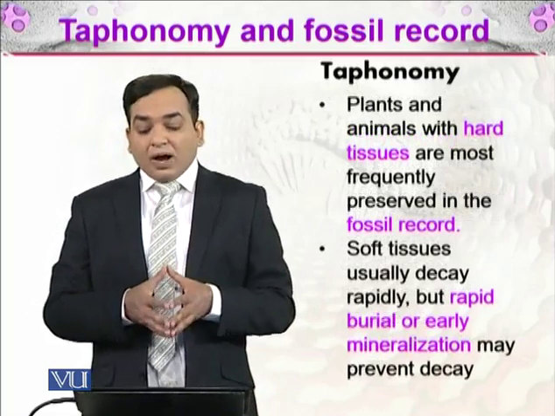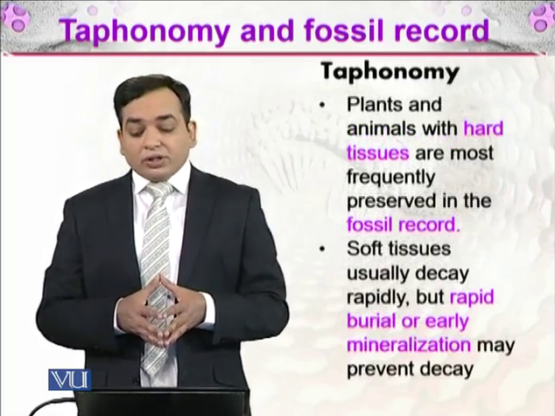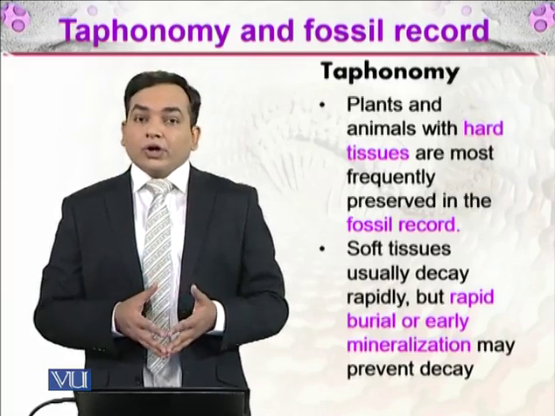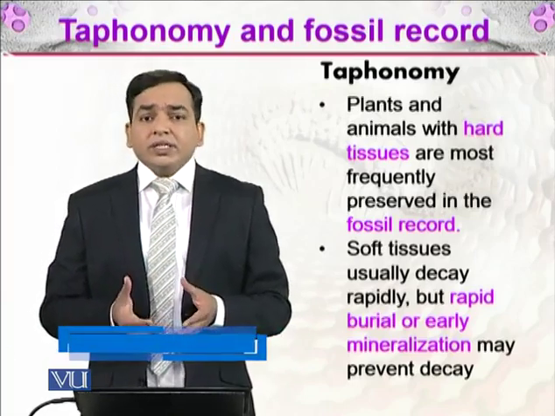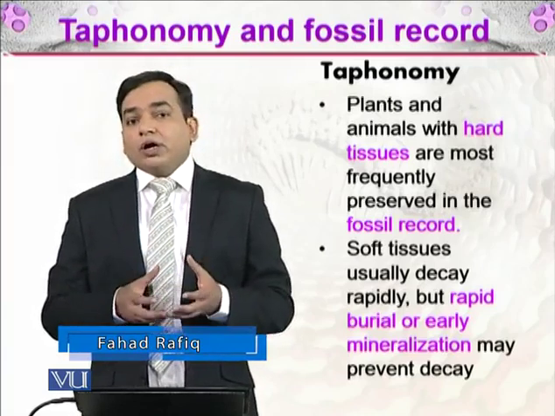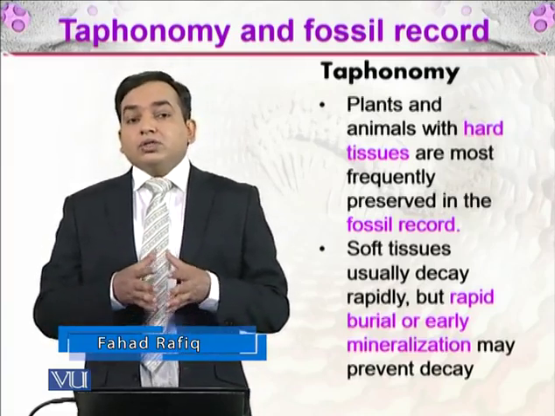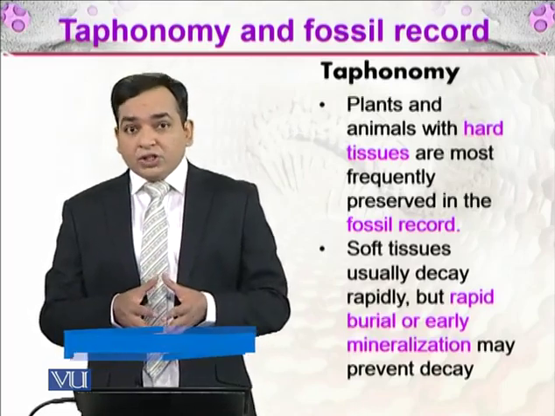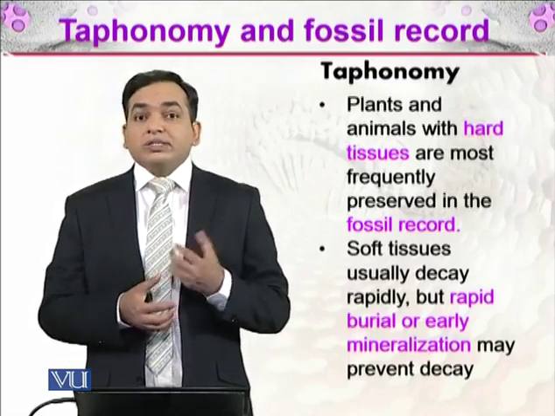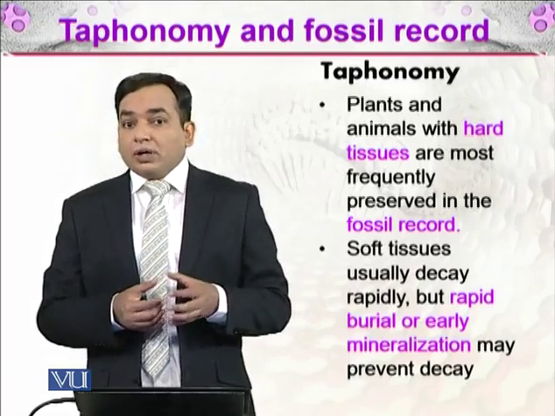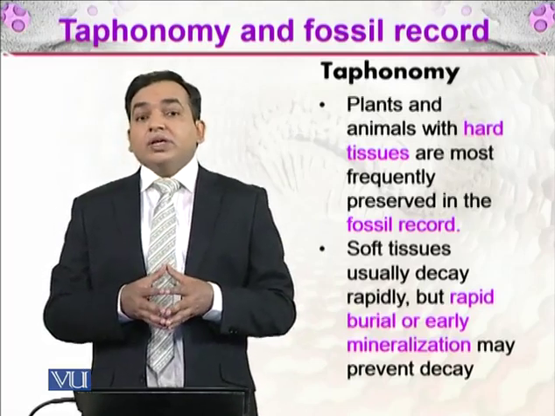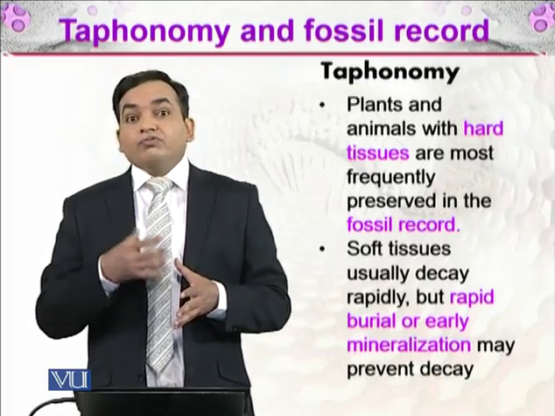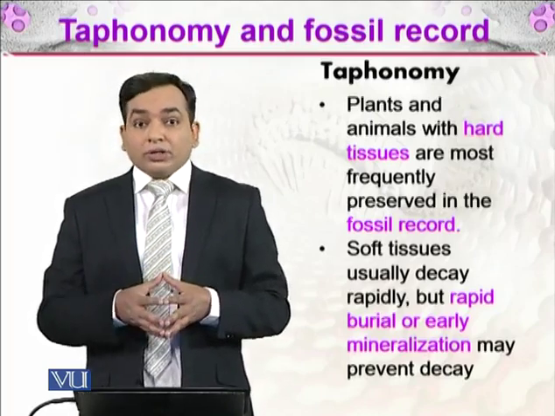The plants and animals with hard tissues are most frequently preserved in the fossil record. The reason is very commonsensical. Why hard? Because the soft tissues are much more prone to decay and scavenging, right? The hard tissues, like bones or nails, cannot decay easily, and even if they do, they take a long time.